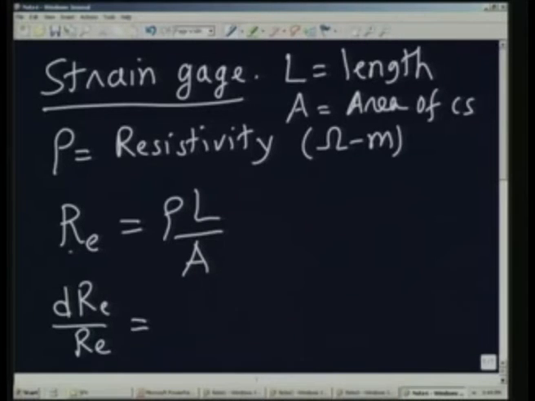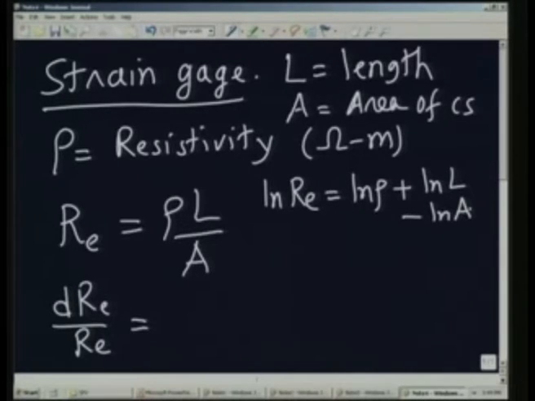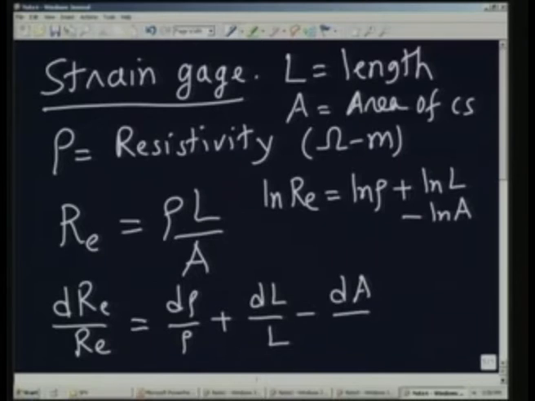I take the logarithm both sides, it becomes log Re equal to log rho plus log of L minus log of A, and now I differentiate term by term. This gives 1 over Re dRe, that is what I have in the left hand side, 1 over rho d rho plus dL by L minus dA by A. This is what we have.